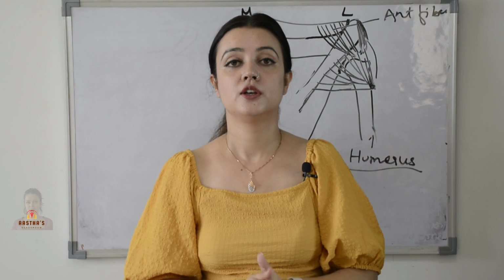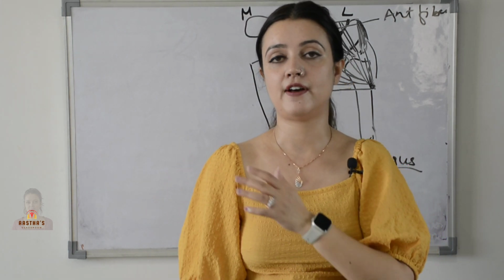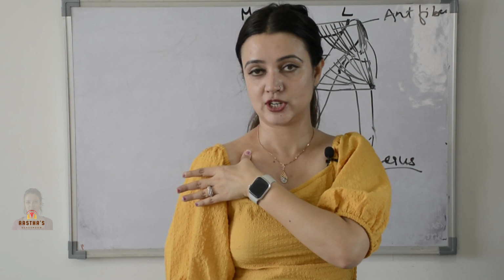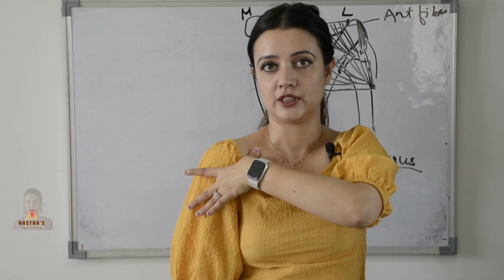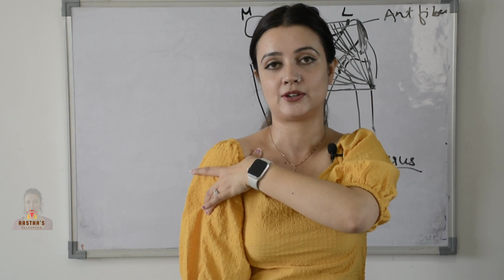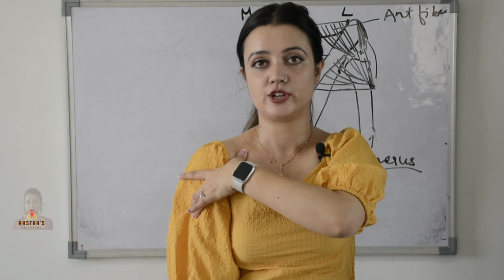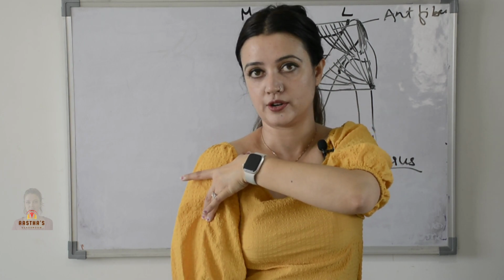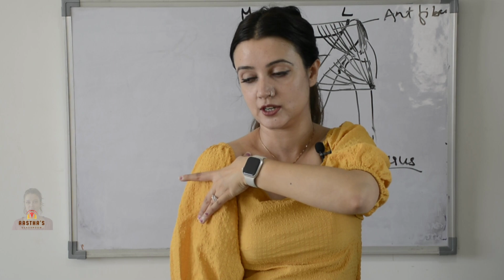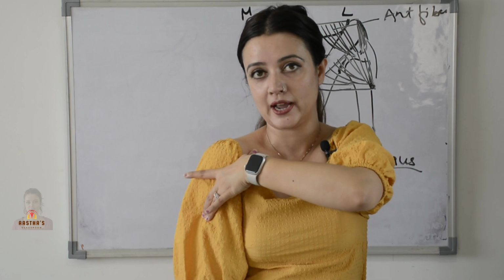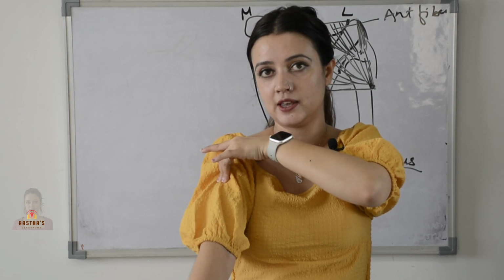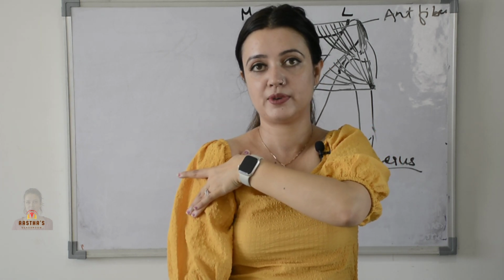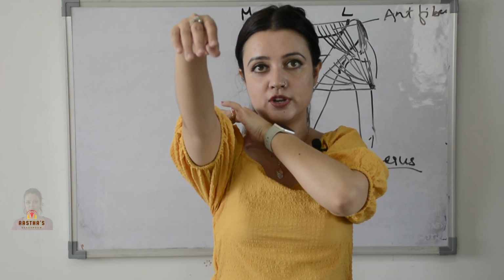So here in the anterior fiber, let's see, it comes from the lateral end of the clavicle, and inserts down in the lateral aspect where the deltoid tuberosity is present. Now when the muscle contracts, it shortens from insertion to origin. So while doing that, it pulls the humerus upwards anteriorly, and this movement is called flexion of shoulder joint.